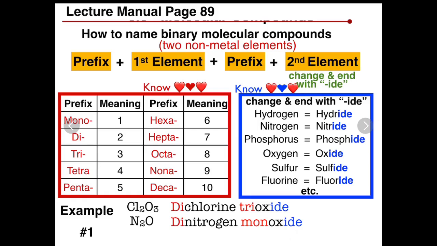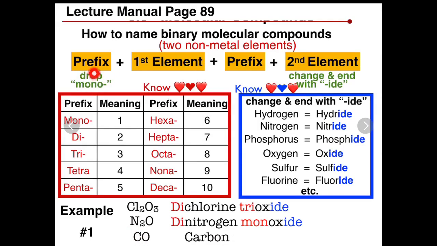Okay, now next one, if the first element contains only one atom, for example, in this case, these two first elements here contain 2 atoms. That's why you specify di. But whenever you see the first element contains only one atom, you can drop the word mono.